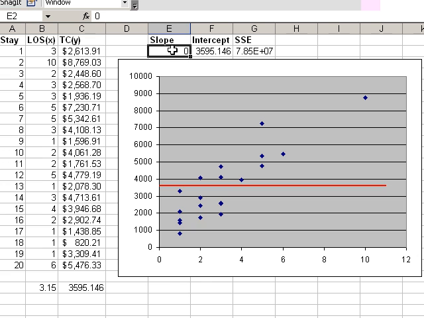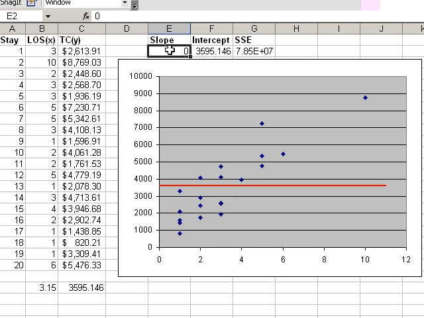Now, because the total charges increase as length of stay increases, the slope of the line will be positive. The slope actually represents the increase in cost per day for each additional day of stay. So let's imagine what the increase in cost per day might be on the basis of the data we see here.